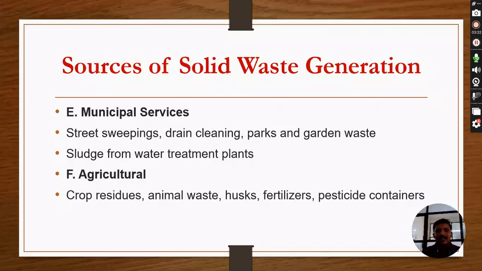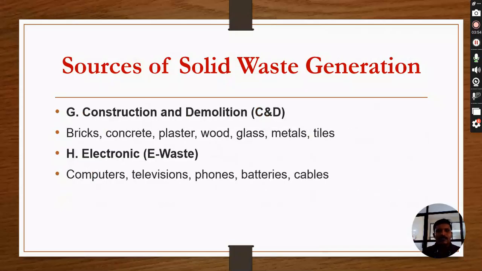And next one is agricultural waste. It mainly consists of crop residues, animal waste, husk, fertilizers, pesticide containers, fertilizer bags and animal dung.